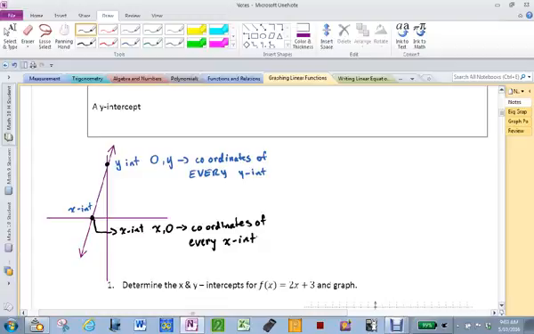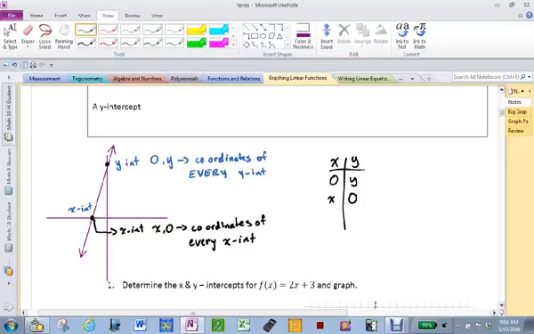Do you all understand that? Now, remember, we can put points on a graph from a variety of sources, can't we? From a graph, what if I have a table of values? What are my two intercepts? 0, y, and x, 0. Does everybody see that?